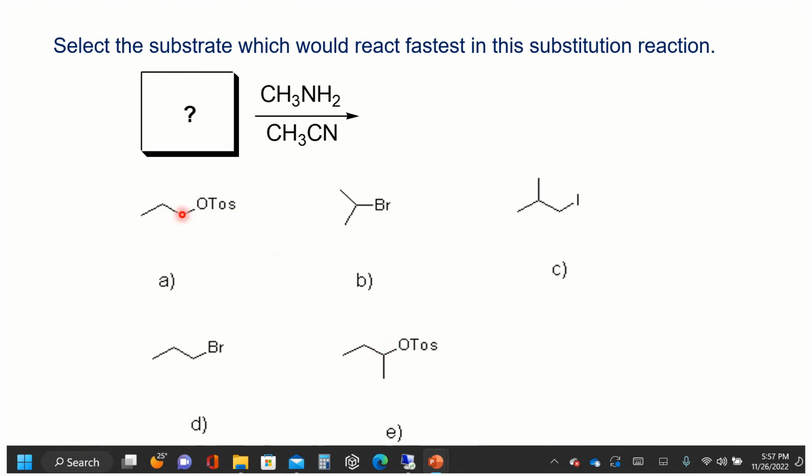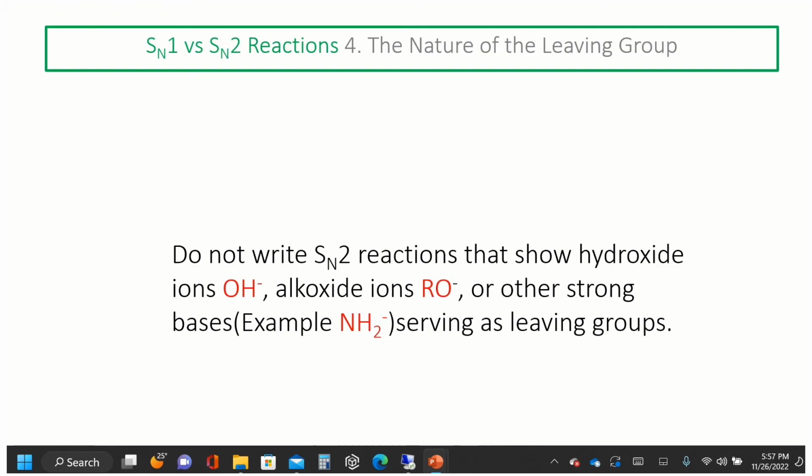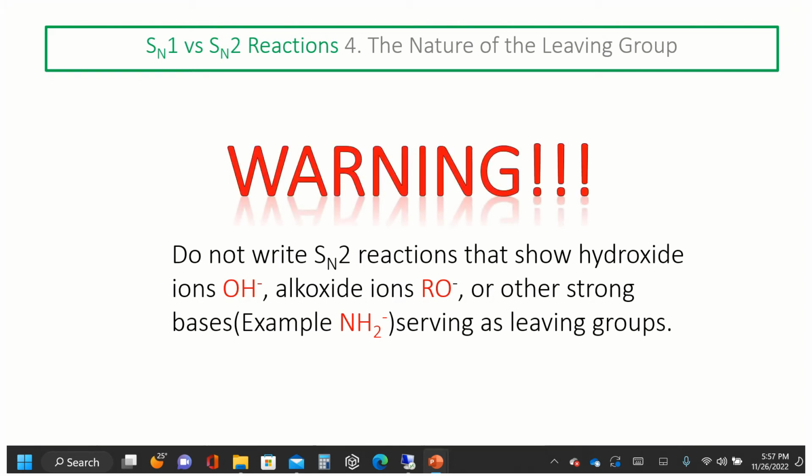And so therefore, this is faster. A note of warning: do not write SN2 reactions which show hydroxide ions, alkoxides, or strong bases such as amides serving as leaving groups.